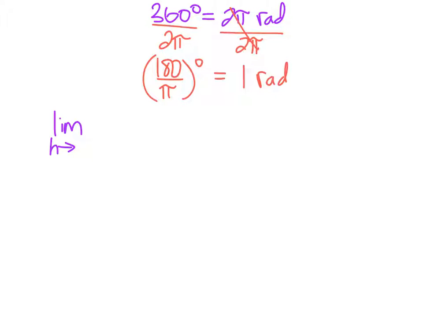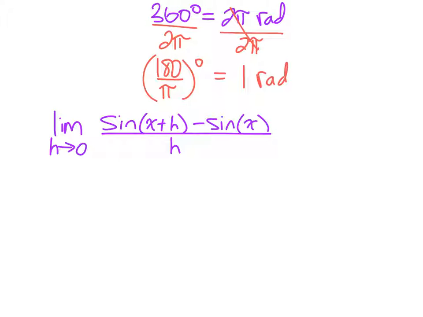We're still having h approach 0 of sine of x plus h minus the sine of x all over h. I'll carry through the process pretty quickly because we've done it before.